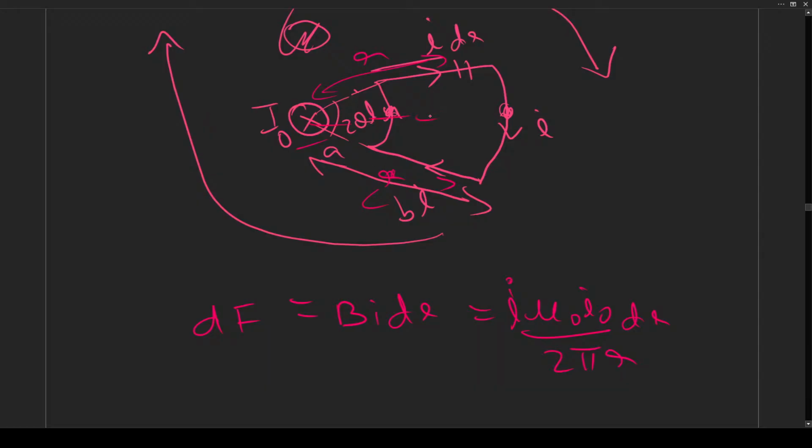Let's split this into 2 thetas, angle bisector. We took it as 2 theta.